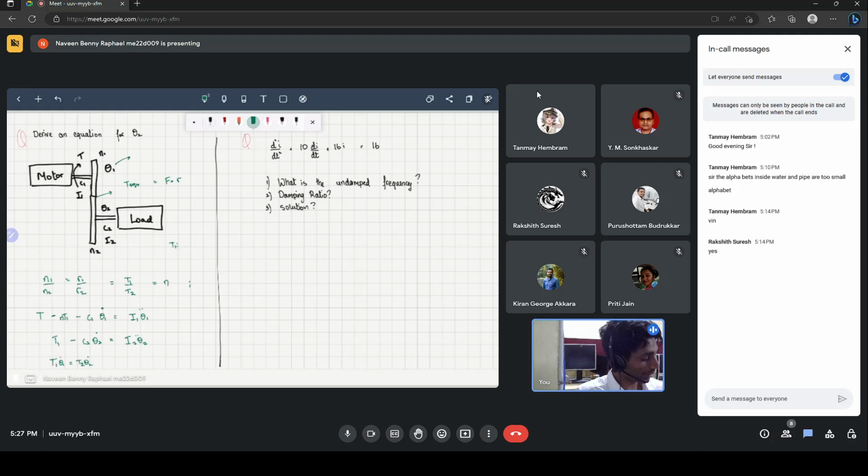So personally, whenever I come across these kinds of questions, like what the undamped frequency is, I always relate it to the mechanical system of equations because I'm more familiar with it. In the mechanical system, we have m x double dot plus c x dot plus k x.